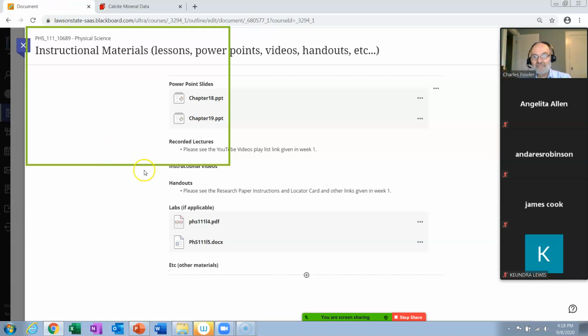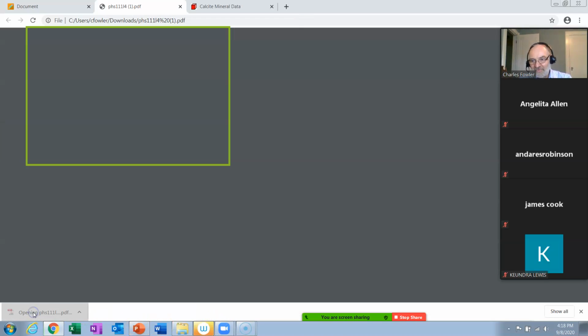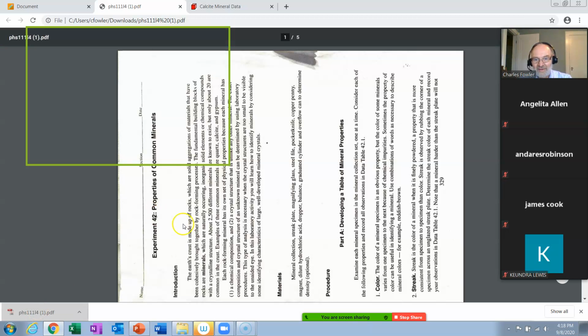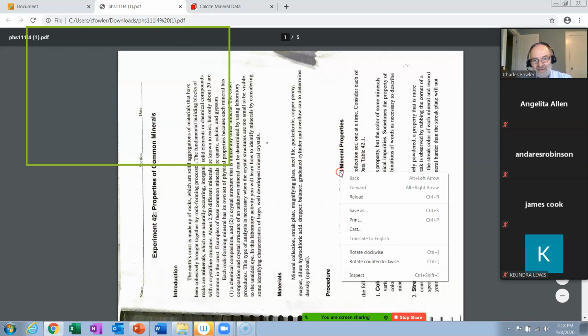Well, no, it's not. I just had it up, so I'm going to have to open it again. This is between Blackboard screwing up and Zoom. It's really hard to keep these straight. Okay. I want to keep this open. There, I have to go back and do this again.